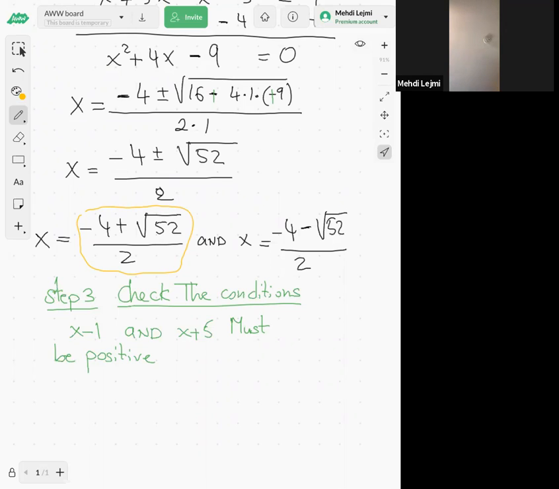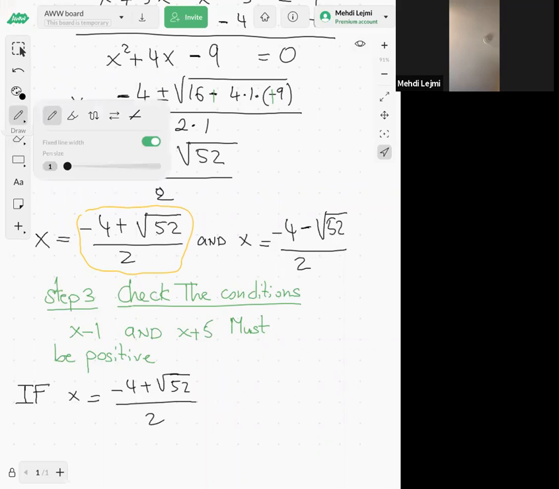Okay, so let's start with x equals negative 4 plus square root of 52 over 2. That will be approximately, if you use a calculator, square root of 52 is approximately 7 point something.